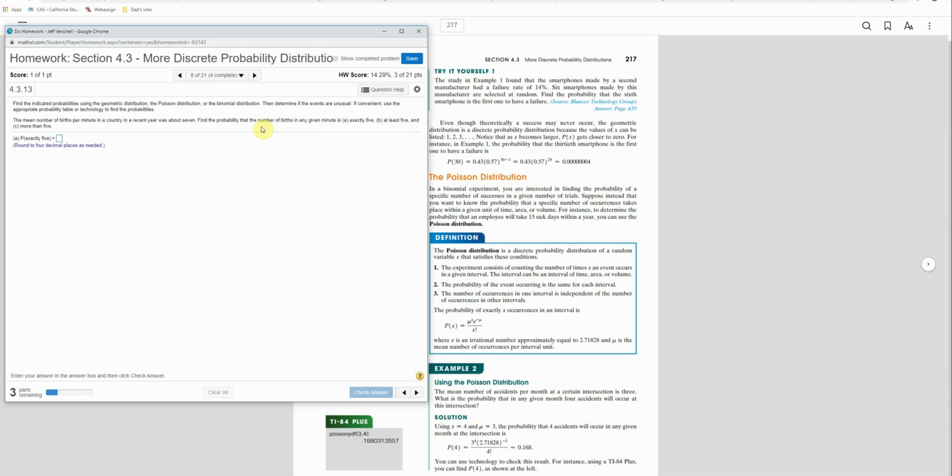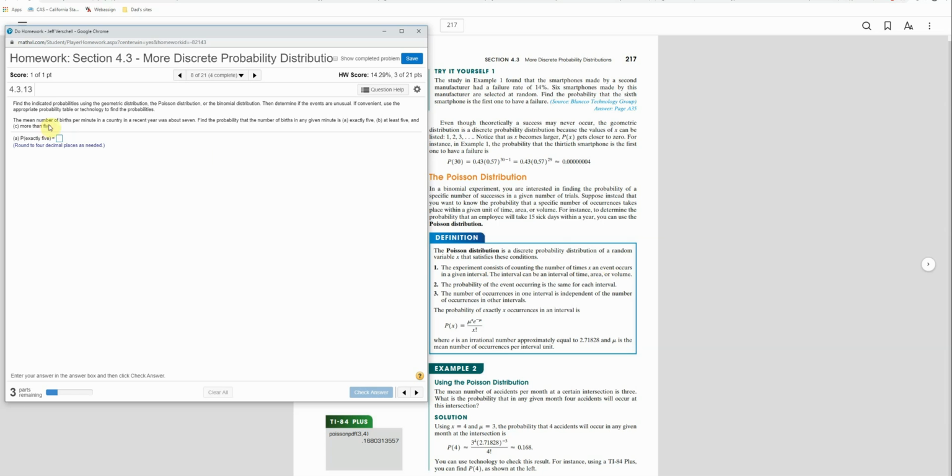But is this a binomial distribution? Do we have a fixed number of trials? No, we don't. So we can't just use the straight up binomial from 4.2, right? We don't have a fixed number of trials. We're trying to find out how many times something will happen. But it is a Poisson if we look. We're looking to see how many times an event occurs in an interval.